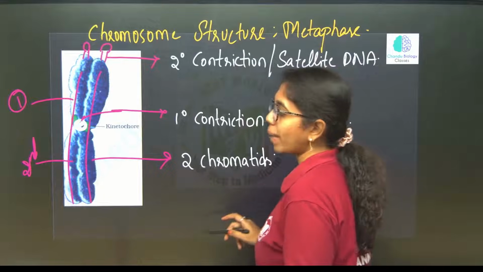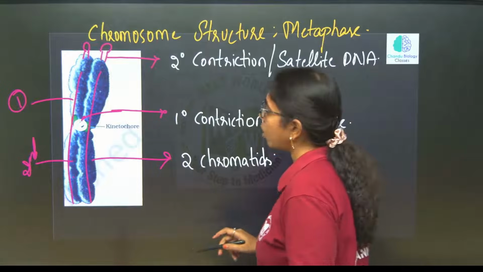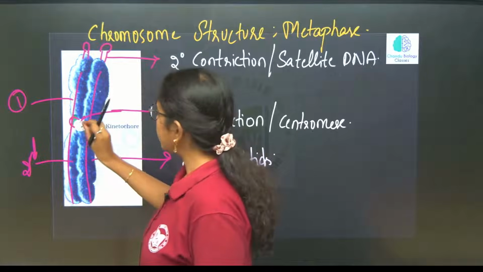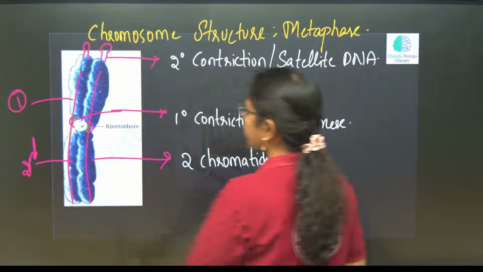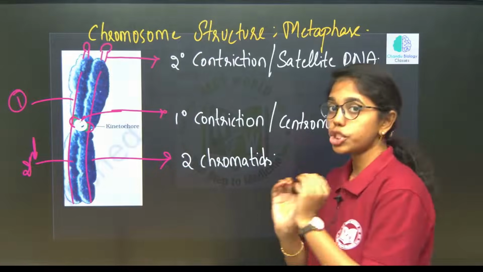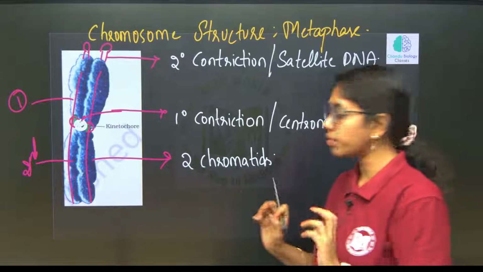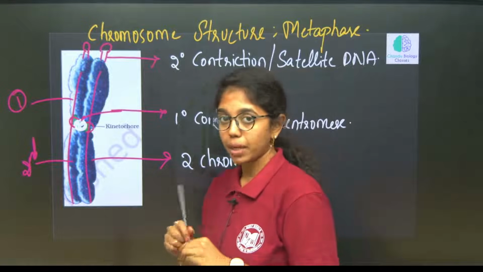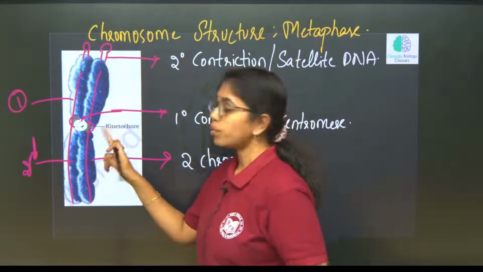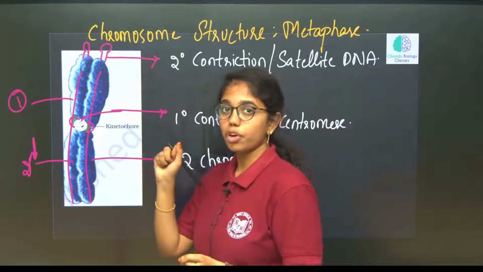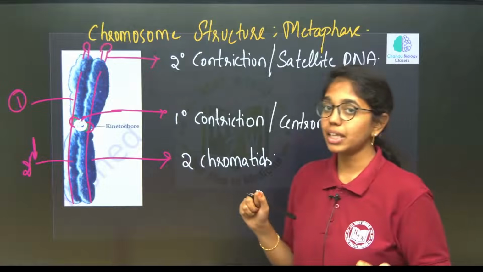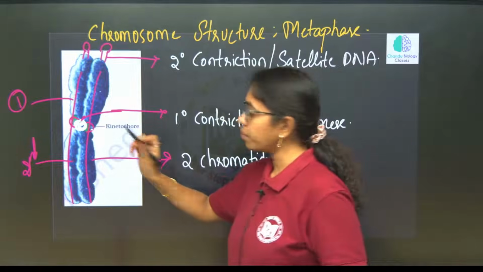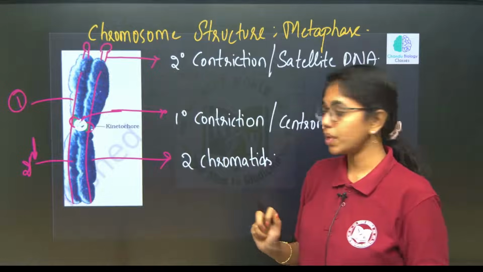There are small disc shaped structures at the sides of the primary constriction, which help in the attachment of the spindle apparatus, and this helps during the cleavage of the centromere. During centromere splitting, that is in the anaphase, the kinetochores are attached to the spindle fibers, and that is how cell division is mediated.